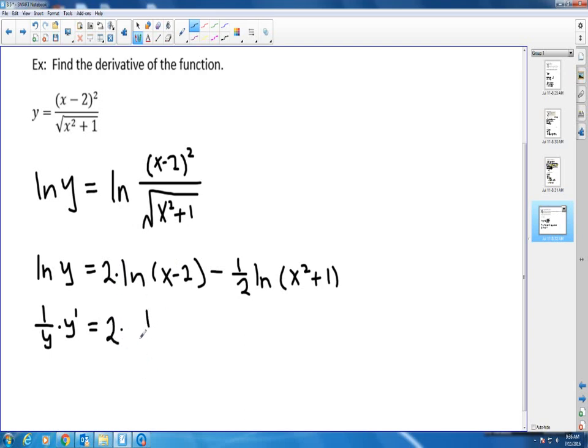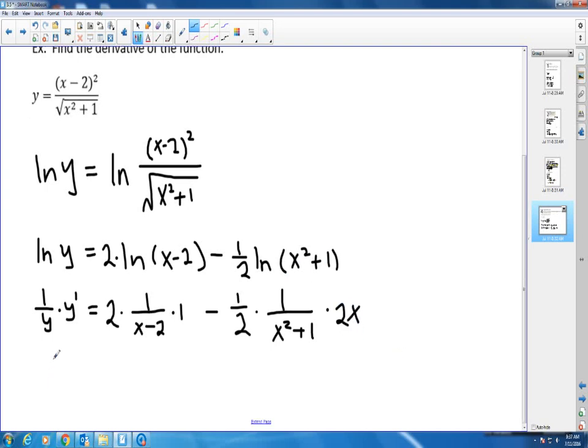That will be 1 over x minus 2, derivative of the outside, times derivative of the inside, the u prime, which is just 1, minus half times the derivative of natural log of u, which is 1 over u, or 1 over whatever it is here, the x squared plus 1, times derivative of the inside, or u prime, which is 2x.